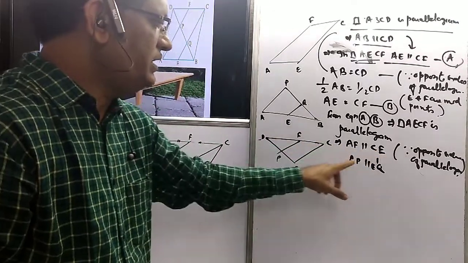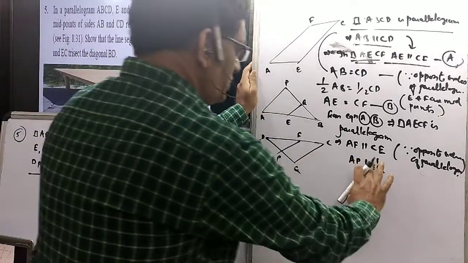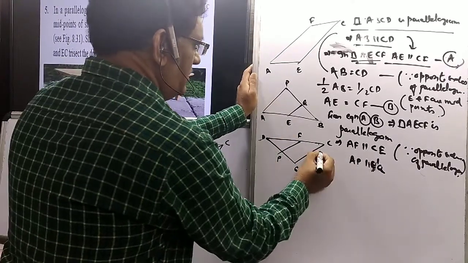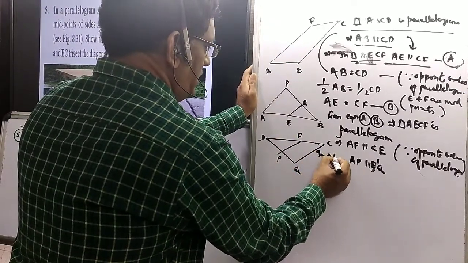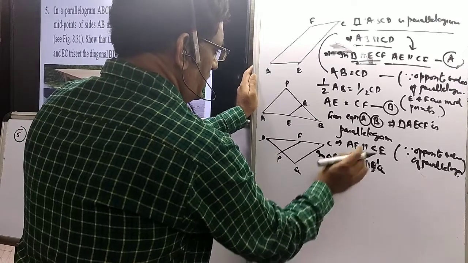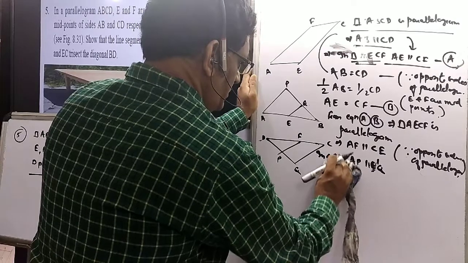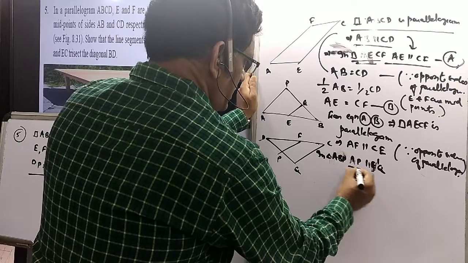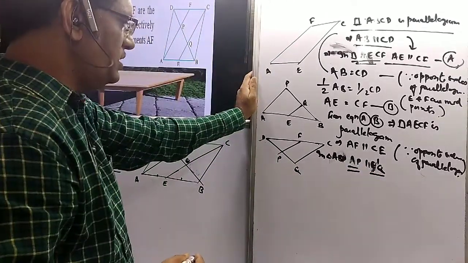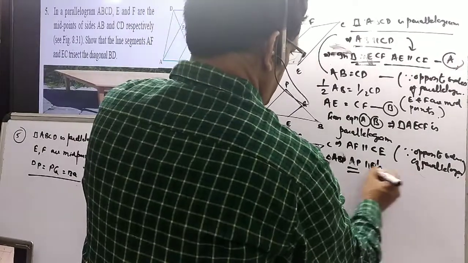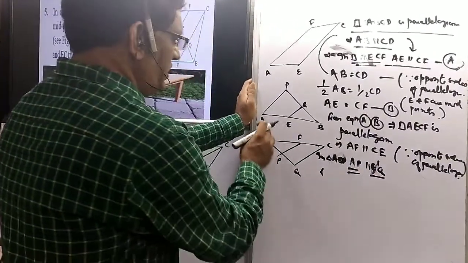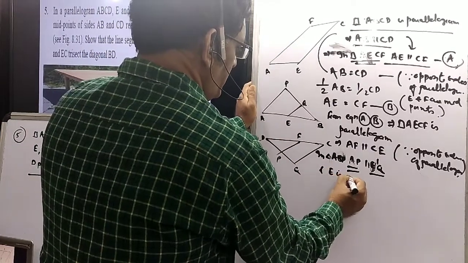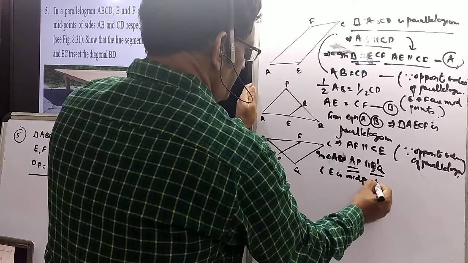AF parallel to CE implies AP is parallel to EQ. In triangle ABP, AP is parallel to EQ, and you know that E is the midpoint of AB.